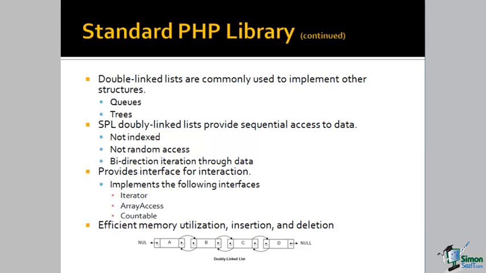The doubly linked list in the SPL implements interfaces to allow us to iterate over the list of data and even to simulate the functionality of an array by implementing the array access interface, as well as the countable interface, giving us the ability to call the count function, getting the number of elements in the list.